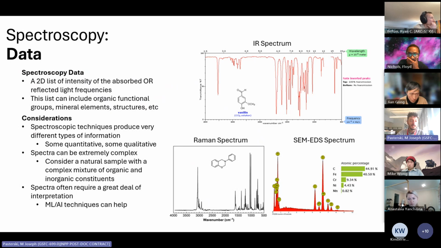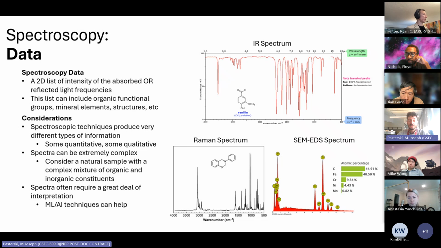Similar to mass spectrometry, the spectroscopic data that's produced is a 2D list of intensities or observed reflected light values. So the data itself is not crazy to handle in any type of instrument, depending on how many data sets you actually have. You can get information on functional groups or mineral elements or structures, so very valuable data.